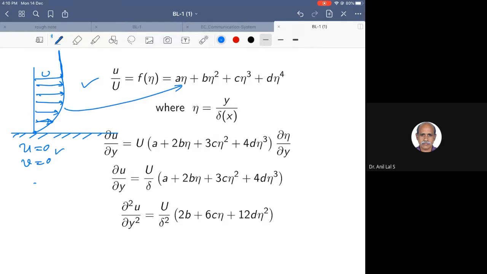By satisfying U is equal to 0, we can write A eta plus B eta squared plus C eta cubed plus D eta raised to 4, a fourth degree polynomial which satisfies the condition U is equal to 0 at Y is equal to 0.